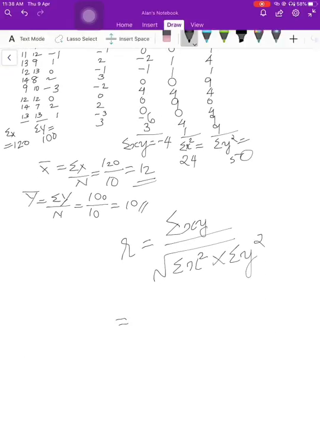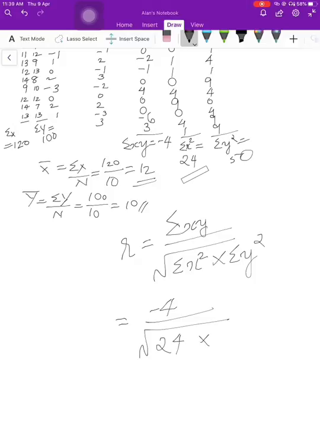So sigma xy, what is the value? Sigma x into sigma y, that is minus 4, as you can see. Then root of, what is the value? Sigma small x square, that is 24, into, what is the value?